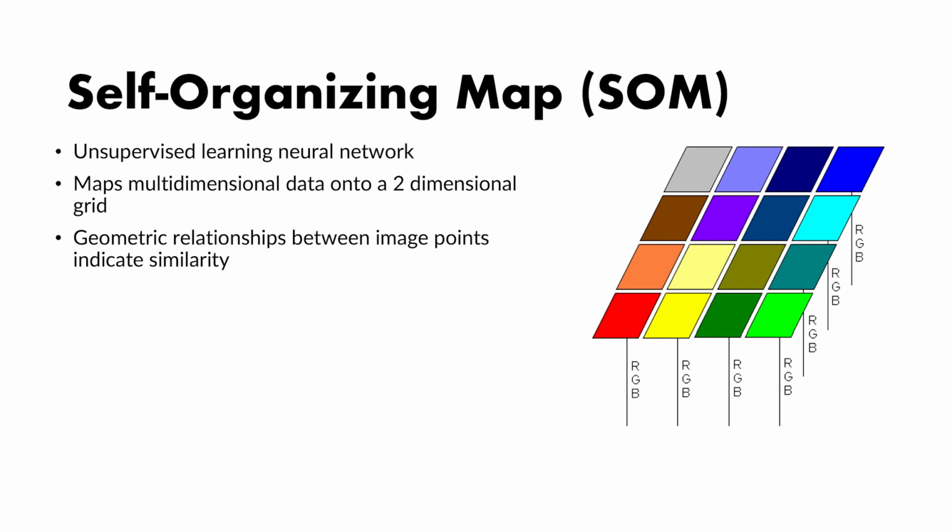In the self-organizing map, you have a two-dimensional grid, a two-dimensional space, and you give it data. And the data is multidimensional, and it's going to transform the data onto the two-dimensional grid. Importantly, the self-organizing map gives a way to show the data in a visual form, and it preserves the geometric relationships between the data points.